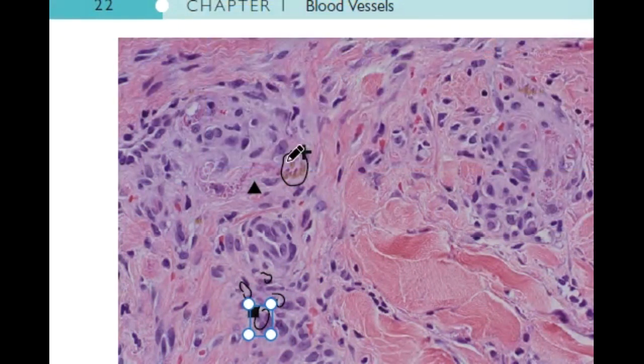So these are hemosiderin granules, and if you see, what are these? These are pink hyaline globules. All these are pink hyaline globules. Even here you can see pink hyaline globules. This is the microscopic picture of Kaposi sarcoma.